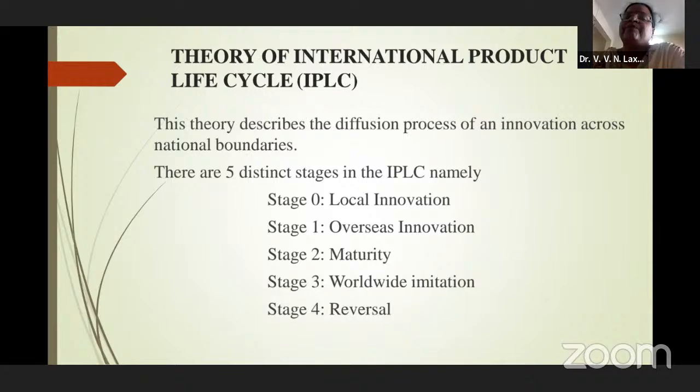After color television, they spoke about LCD, then LED, and after that, home theater. LEDs, LCDs, and home theaters were introduced almost simultaneously, at the same period of time.